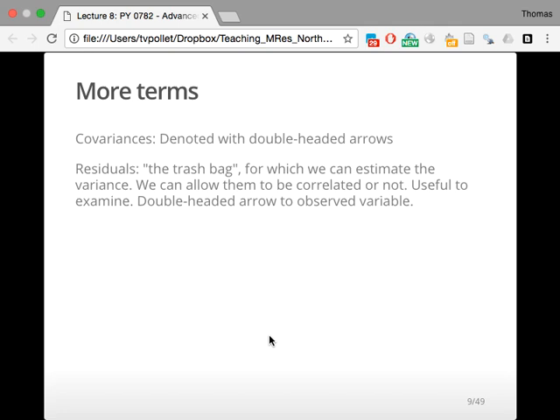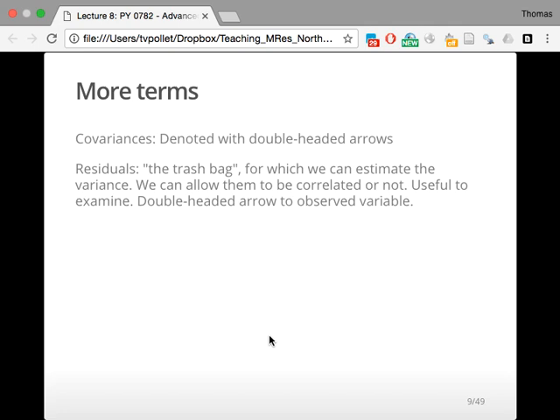And then we have residuals. They're the trash bag. Mostly we report them to give people an estimate of how much noise is still going on, and we report the variance of that. On those models, you'll usually see the variance of the residuals, denoted either via an E for error term or an arrow with just a value on it. Sometimes it's also a double-headed arrow to the same thing.